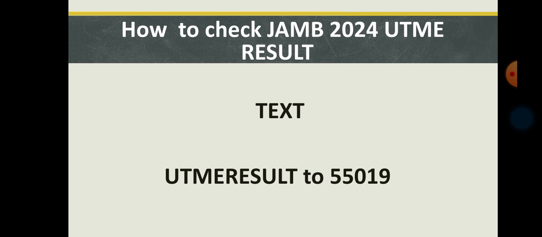If you want to check your JAMB 2024 UTME result, pull out your phone. Use the phone number you used during registration, the one you used to text NIN to 55019 to get your profile code.